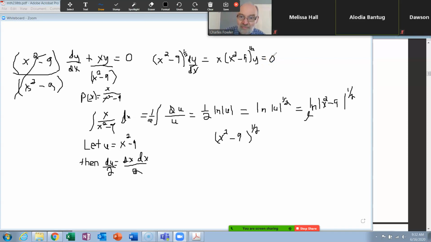Now that looks a lot worse than what it was to begin with, but the good news here, at least we hope it's the good news here, is that this thing here is supposed to be the derivative of, if I could get my pen to move, d by dx of x squared minus 9 times y.